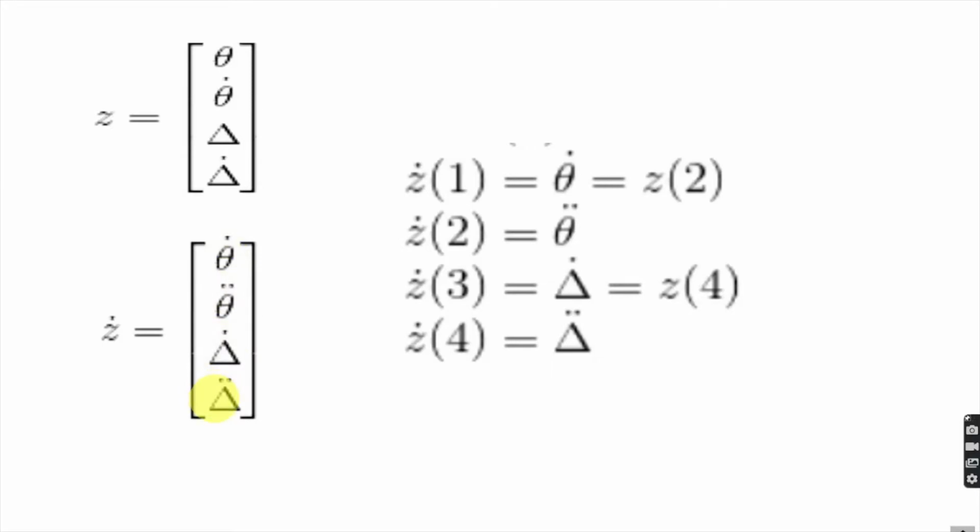And we notice that we can substitute in here. Theta dot is nothing more than z of 2, or the second row of the original column vector. And the same is the case for the third row of z dot. The third row of the derivative vector is the same as the fourth row of the original vector.